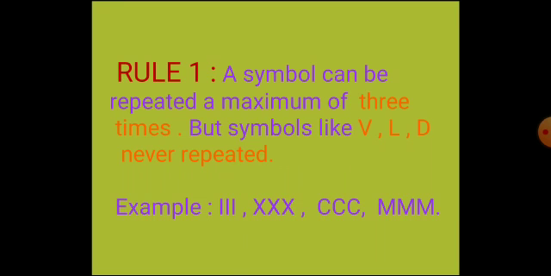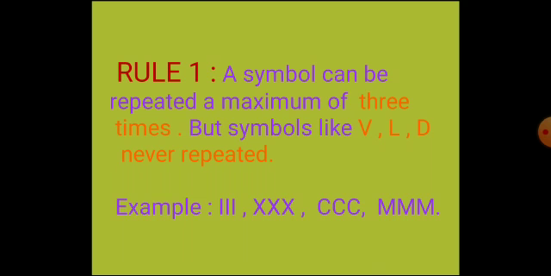We can use V, L and D only one time. I, X, C and M can be repeated a maximum of 3 times. That means we can use I, X, C, M up to 3 times. More than 3 times we cannot use to write numbers, children.